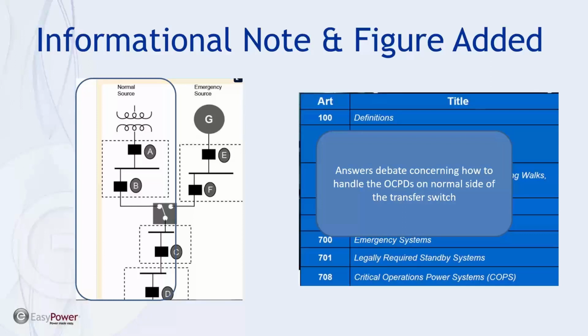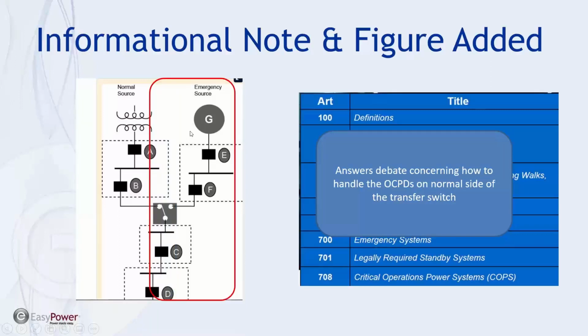And so what this details for us is the requirement to have coordination between the D protective device and the C protective device, the C and the B and the A, without necessarily having A and B coordinated themselves. For instance, if they were the same value or the same trip time, they would not be coordinated, but they would still be qualified as far as the supply of this particular load.